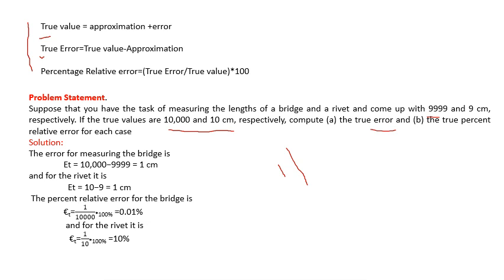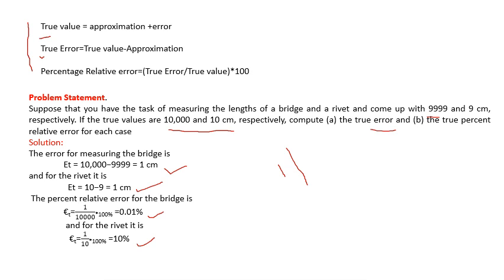The error in the measurement of the bridge is 1 centimeter, and the error in the measurement of the rivet is also 1 centimeter. But the percent relative error for the bridge is 1 upon 10,000 into 100 percent, so it will be 0.01%, whereas the same 1 centimeter measurement error is 10% of the rivet's length.